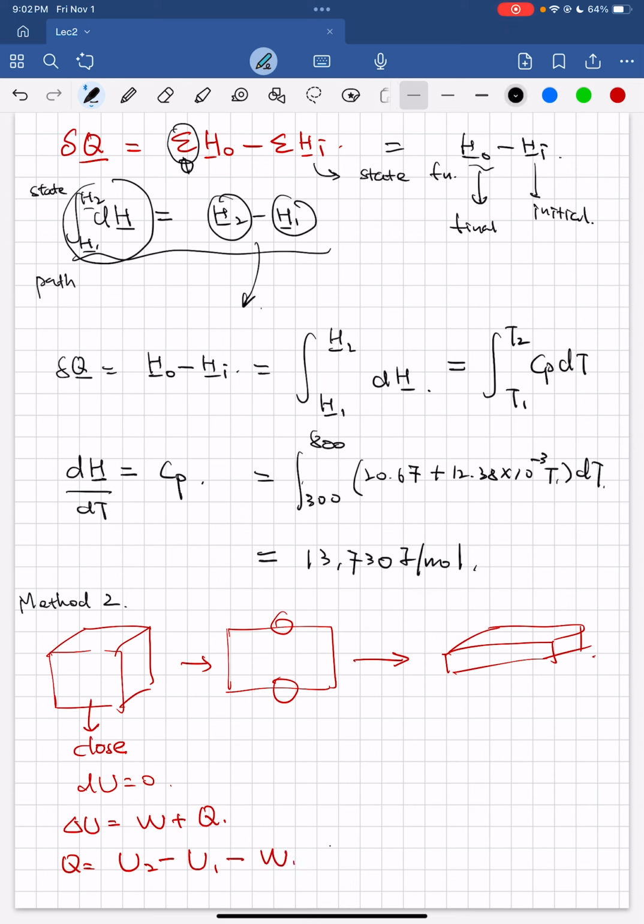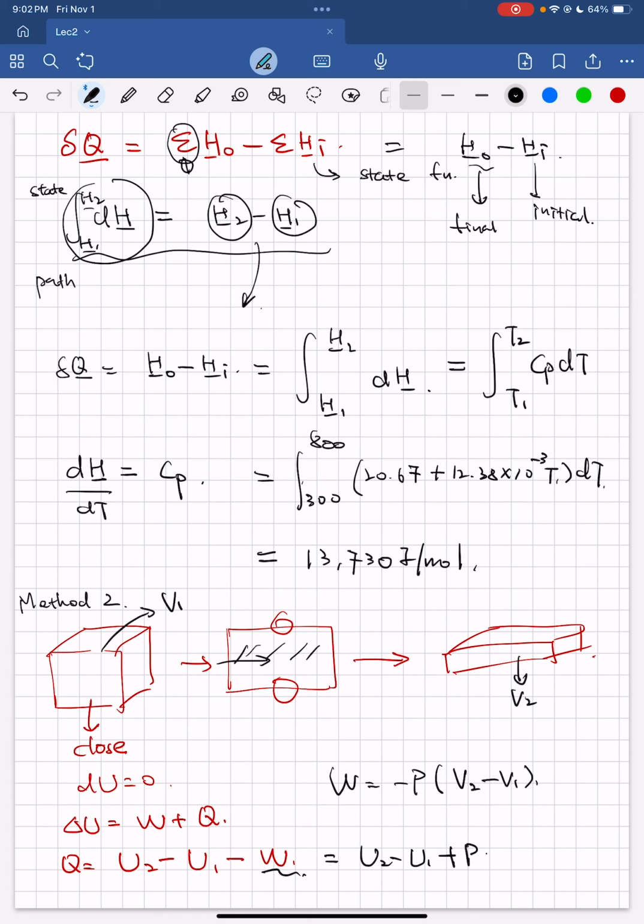Now, this W is going to be, so Q equals U2 minus U1 plus P times the volume change, right? Because W equals minus P times V2 minus V1, because this is V2, this is V1. It's gonna be pressed at constant pressure inside this furnace, right?